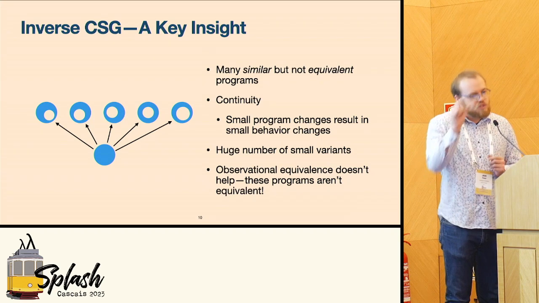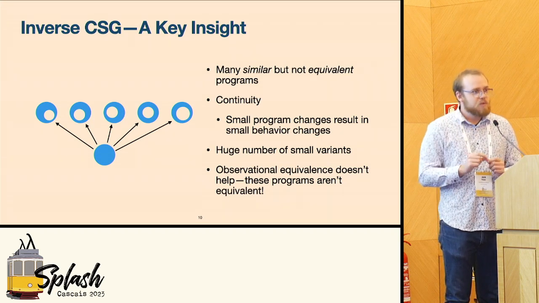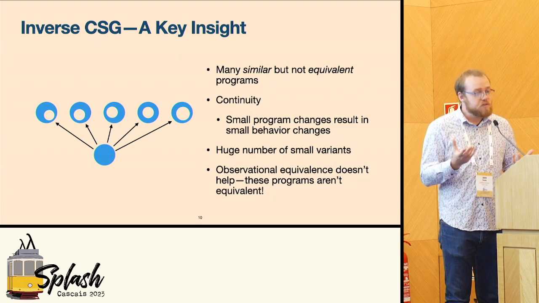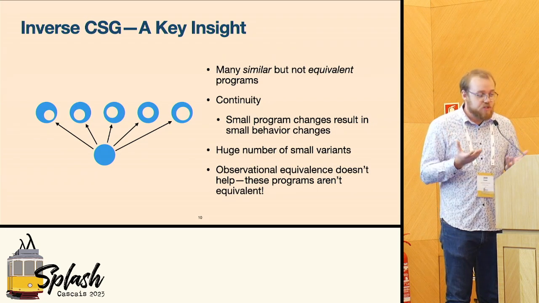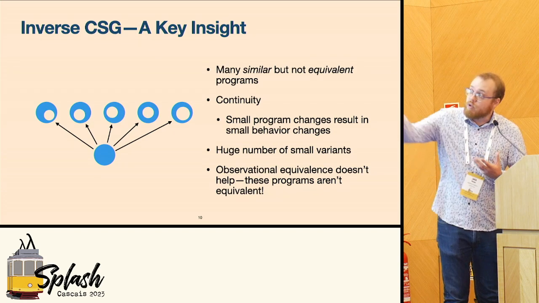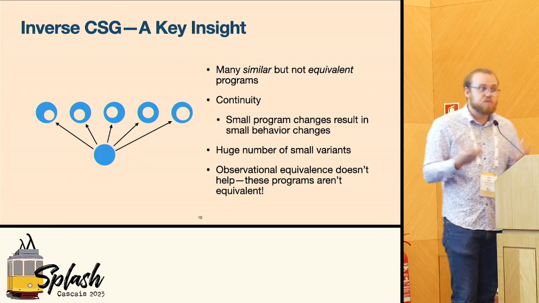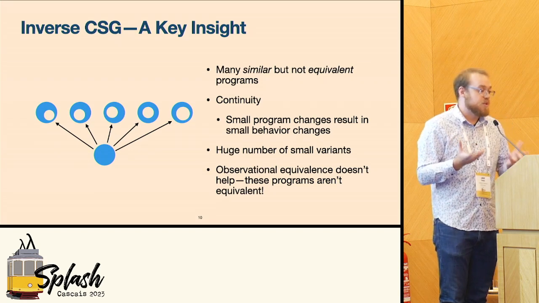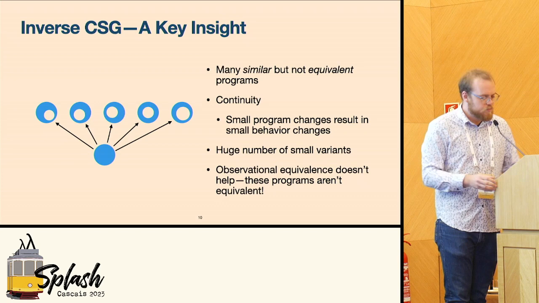And if we just shift or scale or move that center slightly, we get a program that is distinct from the perspective of observational equivalence, but that is very much not equivalent to the other programs in this set. So small program changes result in small behavior changes, but those behavior changes mean that these programs are not equivalent. So observational equivalence really falls down in this domain.